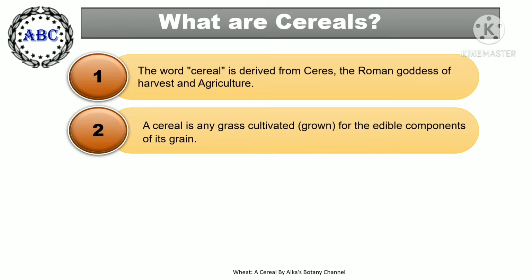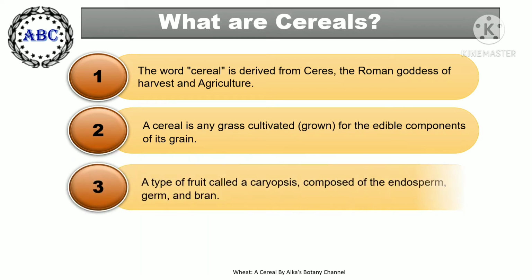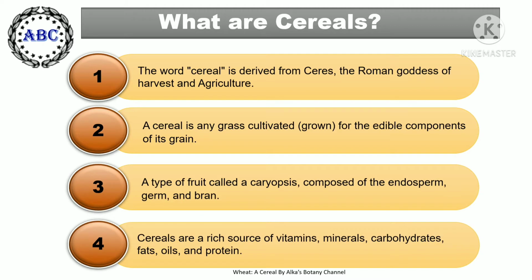A cereal is any grass cultivated for the edible components of its grain, which is botanically a type of fruit called caryopsis, composed of the endosperm, germ, and bran. Cereals are rich sources of vitamins, minerals, carbohydrates, fats, oils, and proteins. All these are the important characteristics of cereals.